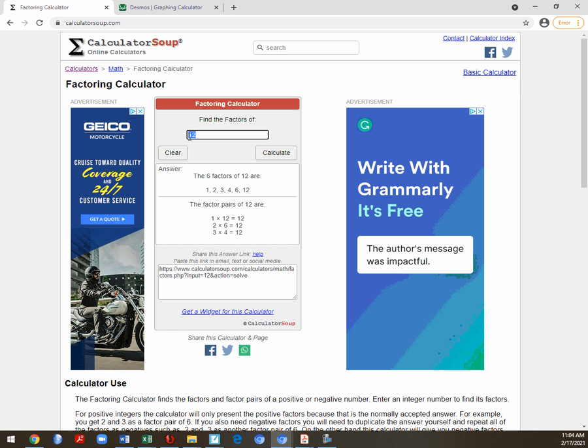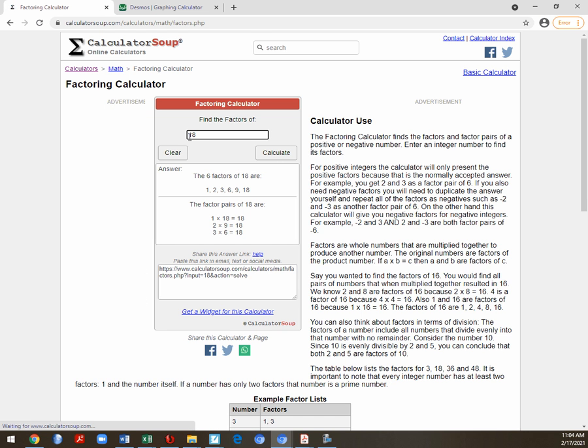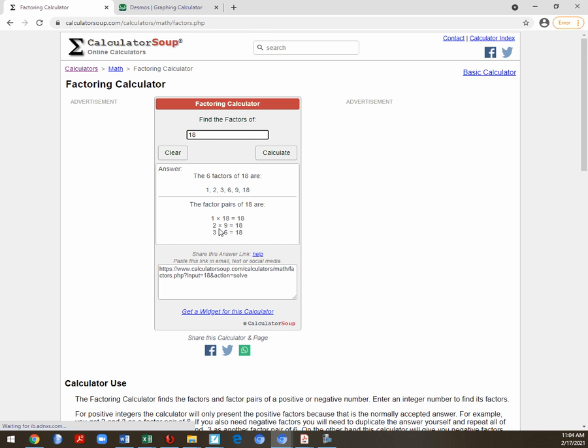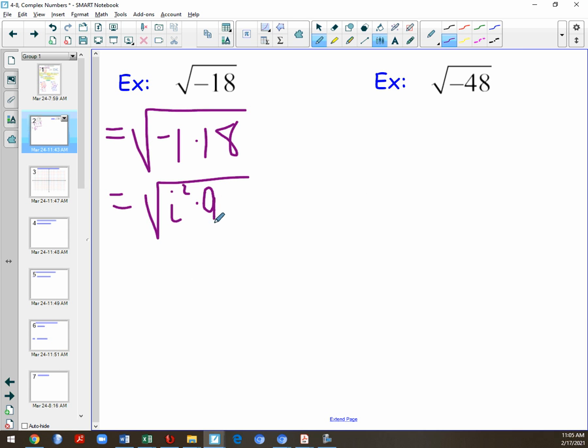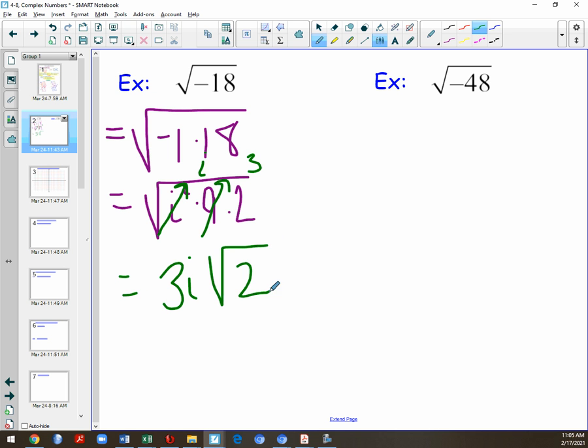We found all the perfect square factors of 18, and the largest one was going to be 2 times 9. 9 is the perfect square, so that's what we're going to be using. So this is going to be 9 times 2. So then the square root of i squared is i, the square root of 9 is 3, to give me 3i square root of 2. So it's doing everything we did before, whenever we did the square root page, but it's adding the -1 concept, which is the imaginary part.